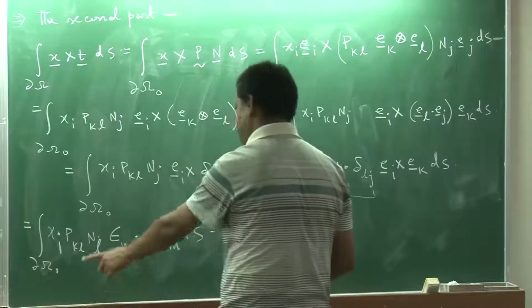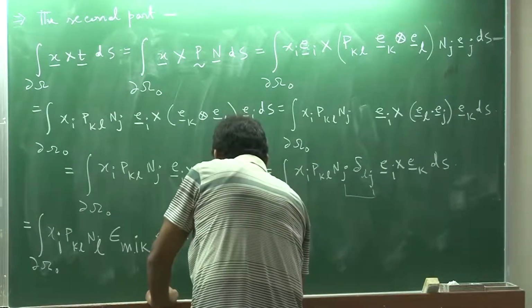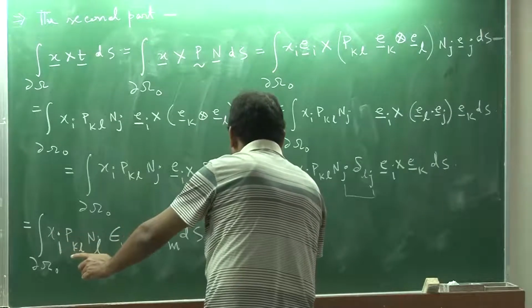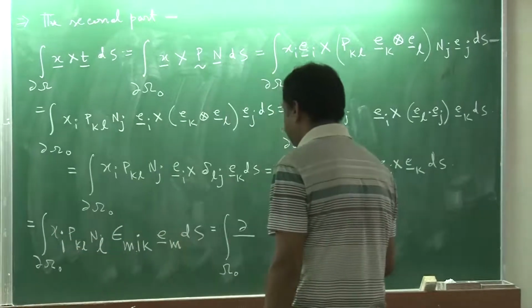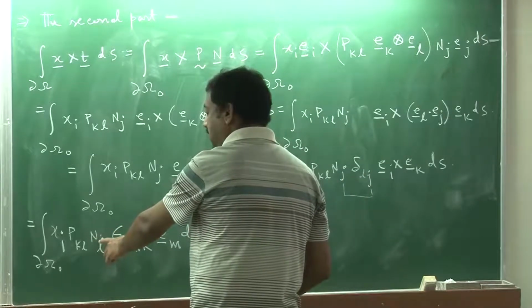Now, we can convert this into a volume integral using the Gauss divergence theorem. So, here you see N_L is the unit normal.